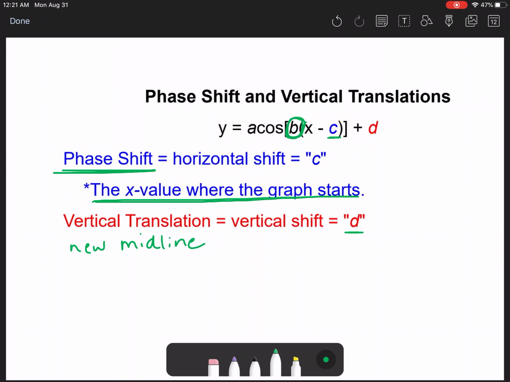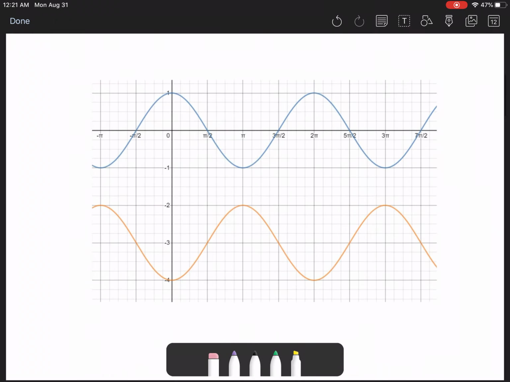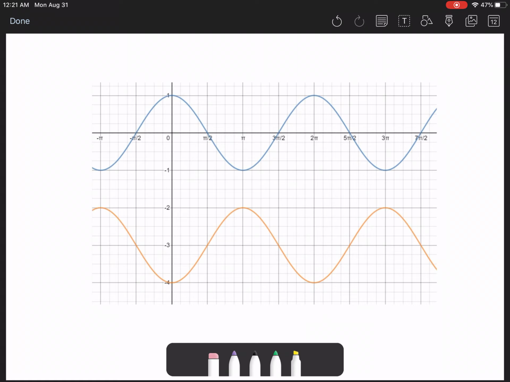Okay? Now, just to give you a visual of what I'm talking about here, if you look at this top curve here, this is your normal cosine curve, right? Starts at 0, ends at 2 pi, the amplitude is 1. All right? Now, if we look at this one below, I don't want to look at this as something that's been reflected or anything like that. I want a normal cosine curve.